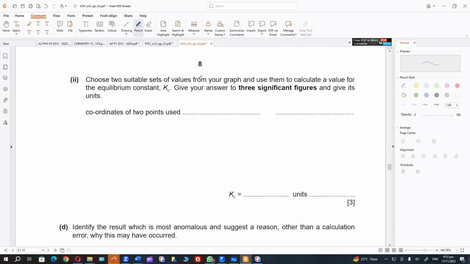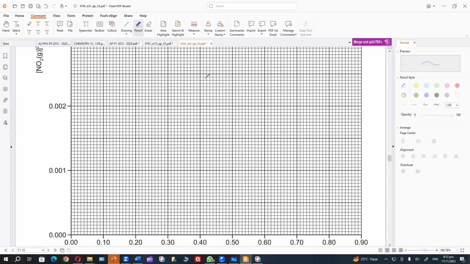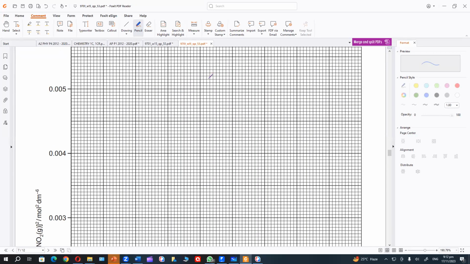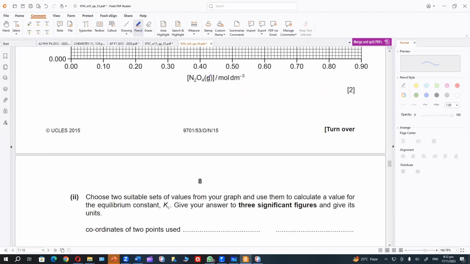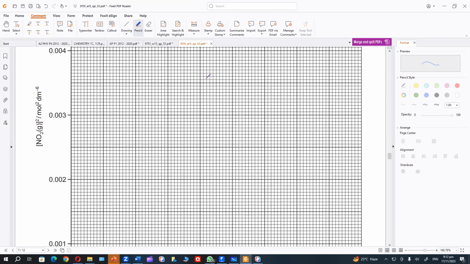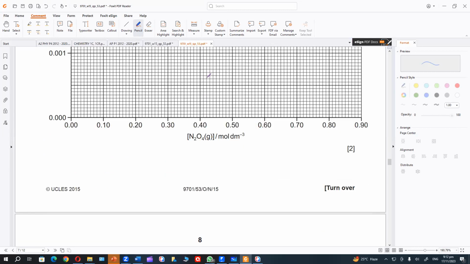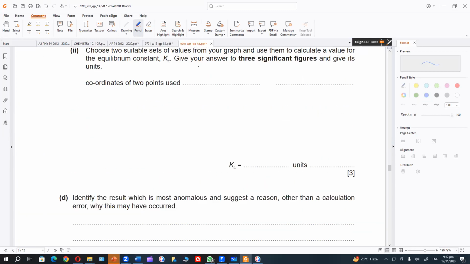Choose two suitable sets of values from your graph and use them to calculate a value for the equilibrium constant. Give your answer to three significant figures. We already have told the examiner at the start of the question that Kc is equal to NO2 squared upon N2O4. So this means that the gradient would be used.